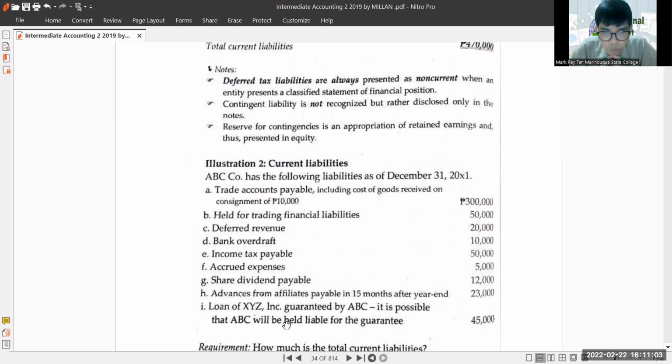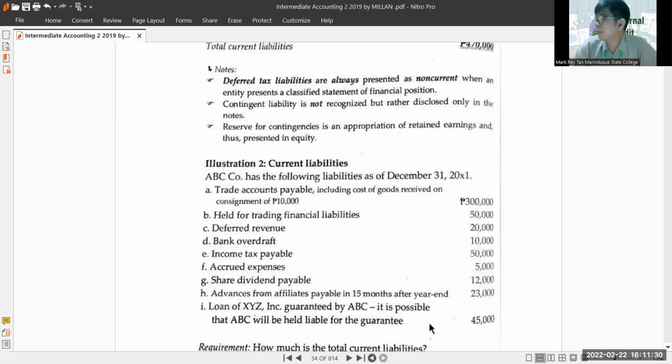Letter I, loan of XYZ, pautang to ng XYZ, utang ng XYZ, guarantor C, ABC. Nasabi dito, it is possible that ABC will be held liable for the guarantee. So ang sagot, hindi siya kasama. Bakit? Kasi ang sabi, possible. Sa accounting, para mapasama yan, dapat probable.